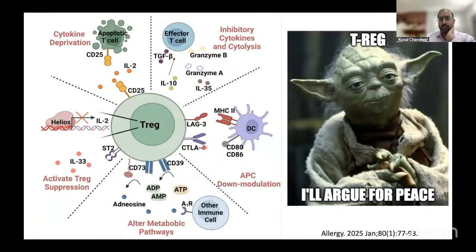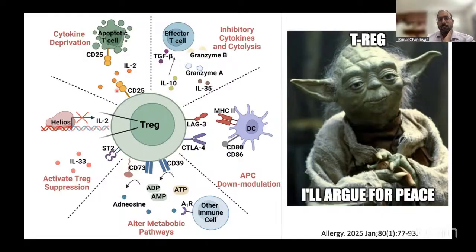So what functions do T regulatory cells perform? Like Yoda, they come to argue predominantly for peace, and they act by causing cytokine deprivation. They have very high affinity CD25 receptors, and CD25 is actually a receptor for IL-2. IL-2 is a cytokine that, when present, is a growth factor for most T cells.